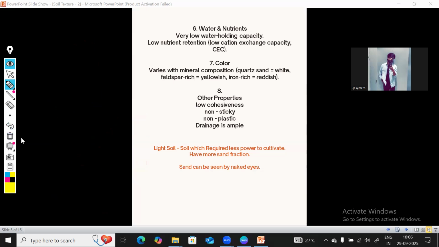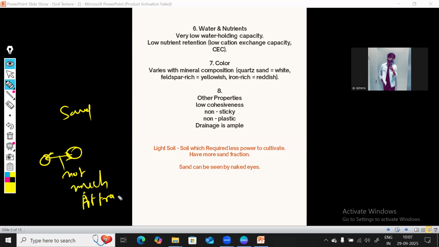But what about sand? There are macropores and not much attraction between the soil particles.